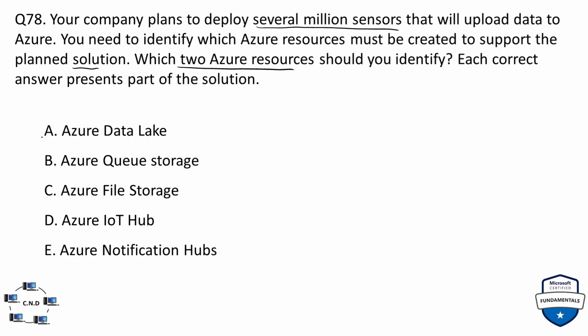The options are option A, Azure Data Lake, option B, Azure Queue Storage, option C, Azure File Storage, option D, Azure IoT Hub, Internet of Things Hub, and option E, Azure Notification Hubs. And the correct options are the Azure Data Lake and the Azure IoT Hub.